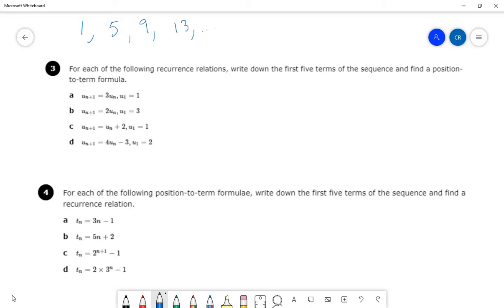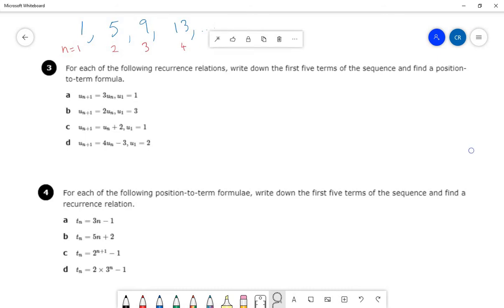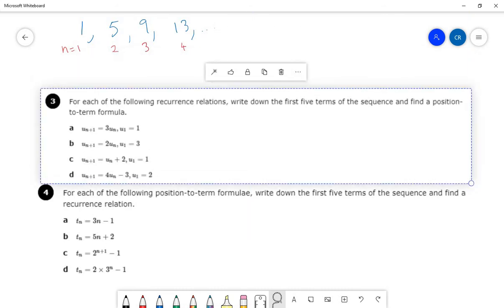So if I wrote down what n is, n here is the first term, this is the second term, this is the third term, this is the fourth term, and so on. So n is a counter. Just a second, I'll move this down a bit so we can see what's going on.